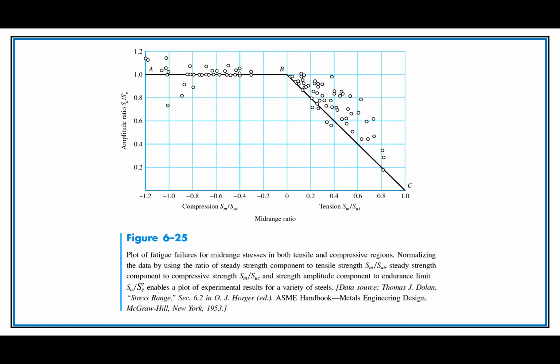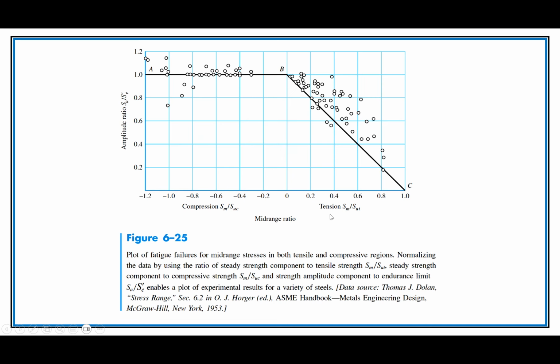And that's because, imagine the reason why we have fatigue failures is small cracks that are opening and closing. Well, if you're in compression, the cracks won't open, right? You have to have enough alternating tensile stress to be able to open those cracks. So the mid-range doesn't really have much effect, except for a few little points.